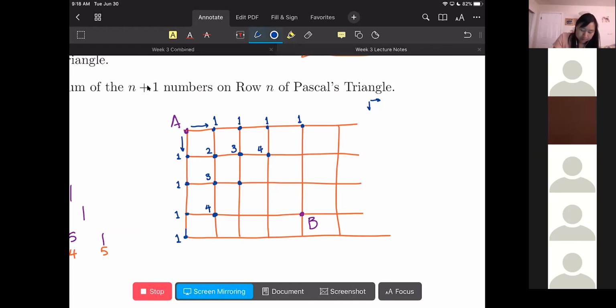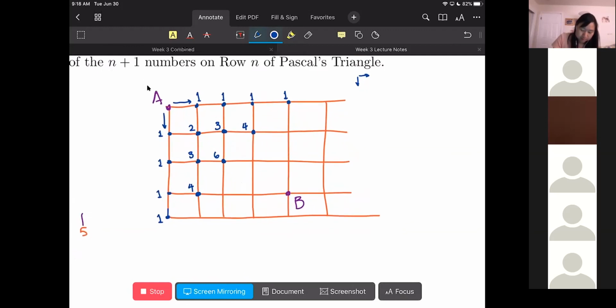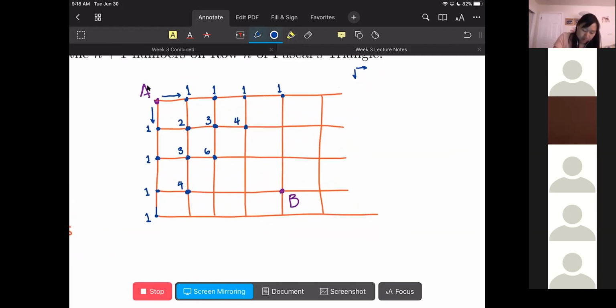Awesome. All right, we can keep going. Here it's 1. What about this one? 5. What about this one? 10. And this one? 10 as well. That's 5. 5 as well.